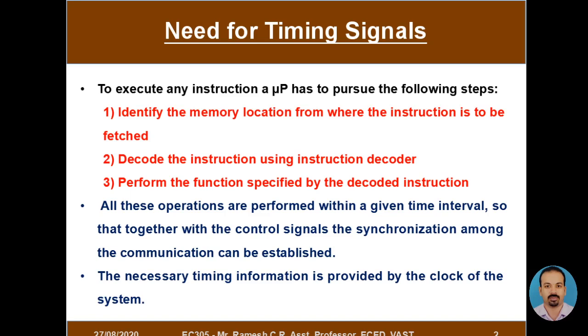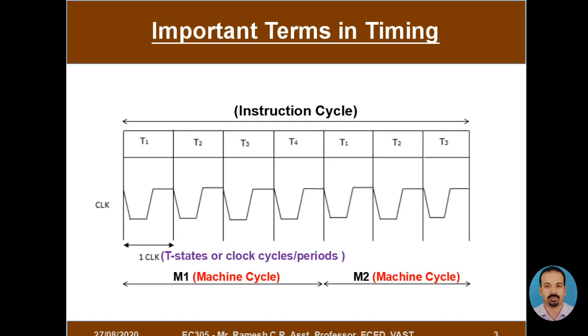In order to establish this synchronization between the various units as well as the control signals, we need timing information, fixed with reference to the clock of the microprocessor system, so that our instructions will be executed smoothly.